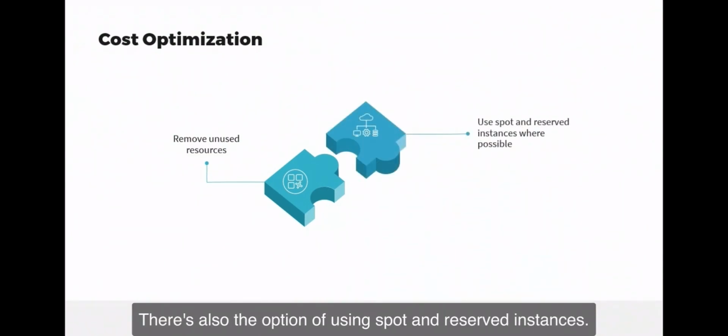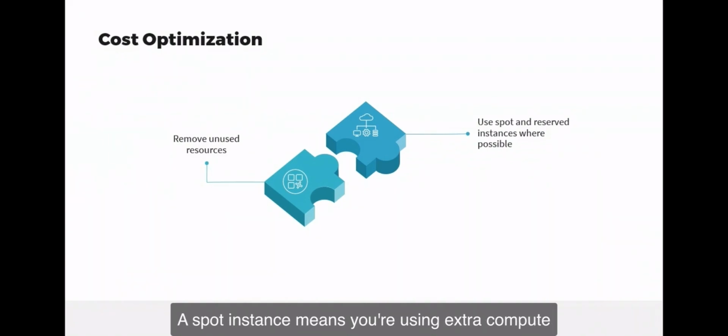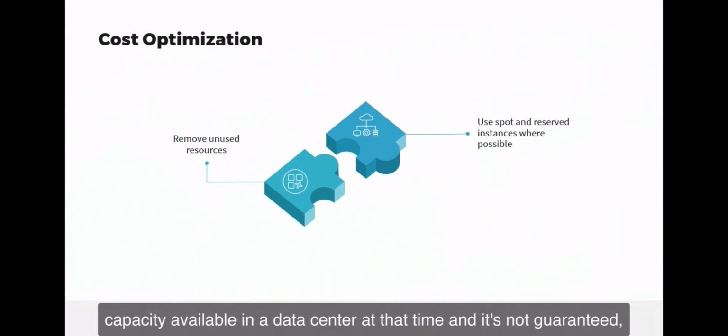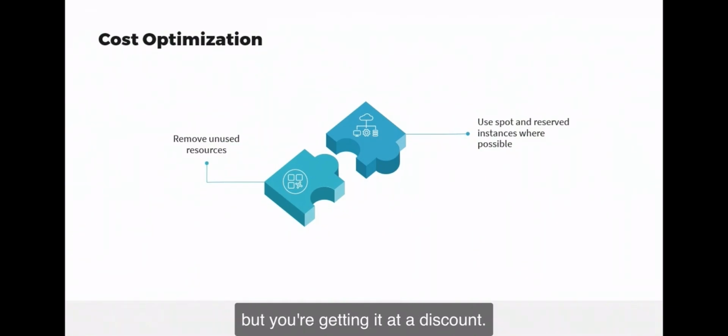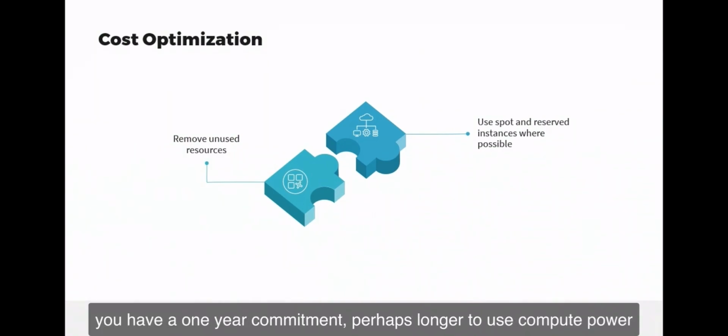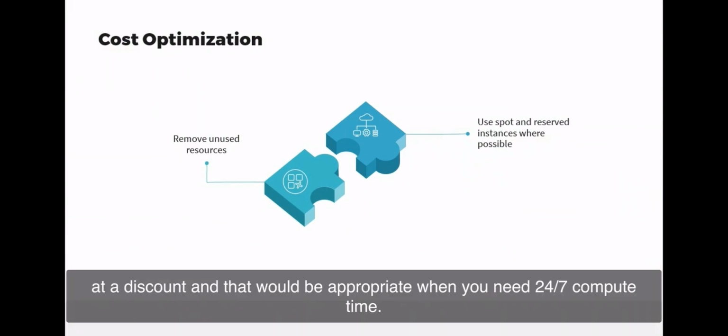There's also the option of using spot and reserved instances. A spot instance means you're using extra compute capacity available in a data center at that time, and it's not guaranteed, but you're getting it at a discount. Whereas reserved instance pricing means you have a 1-year commitment, perhaps longer, to use compute power at a discount. And that would be appropriate when you need 24/7 compute time.